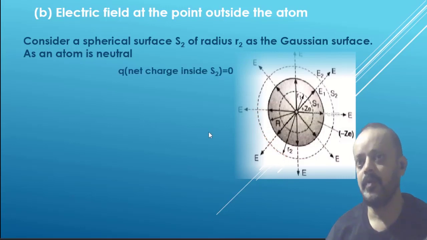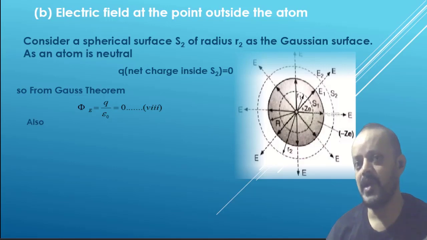Now, the net charge inside the Gaussian surface in this situation will be 0, because an equal amount of positive and negative charge will be inside the Gaussian surface. So from the Gauss theorem, phi E is equal to Q divided by epsilon naught. Here the value of Q will be 0, so we get 0. That means the electric field outside the atom will also be 0.